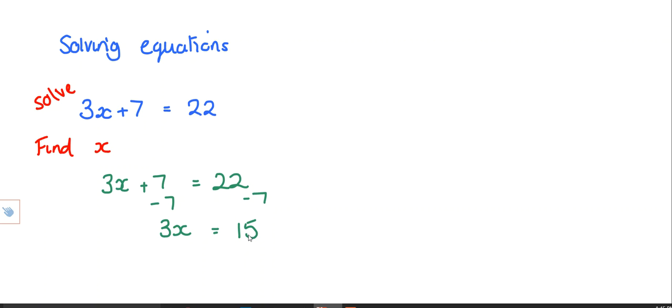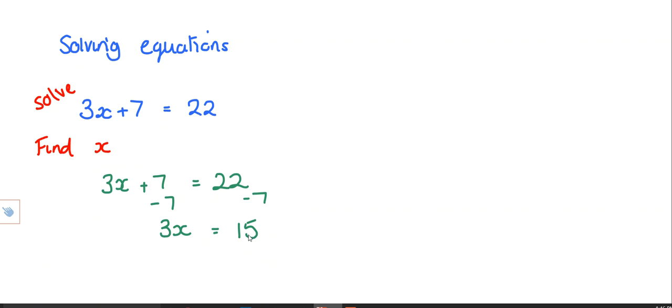The language I could be using: if I know that 3x add 7 makes 22, by taking the 7 away, I am left with just the 3x's before I added the 7, which must be worth 15. Does that make sense? That's why we do it.